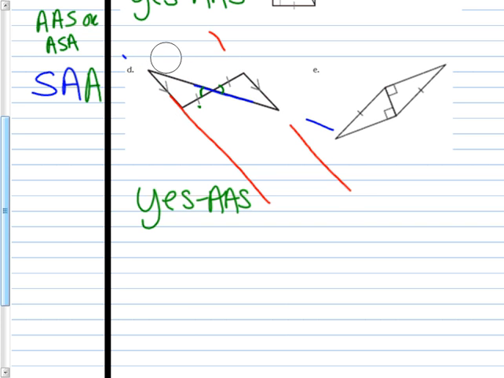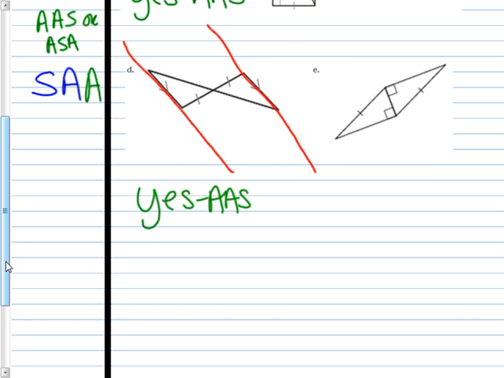Lucky for you, and maybe some of you already thought this as we were doing it, this actually can be proved another way. So I'm going to show you another way. I don't mean to confuse you, but I need to make sure you fully understand. So here are my parallel lines. They're coming down, and this time I'm going to use the other transversal.